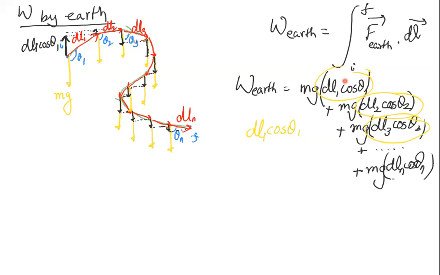But since theta 1 is an obtuse angle, dl1 cosine theta 1 will come out to be negative. That means its direction will be opposite to mg, and this is what I have drawn here. Okay, and then I have drawn dl2 cos theta 2, and then dl3 cos theta 3, and then dl4 cos theta 4, and then dl5 cos theta 5, and so on up till the end.